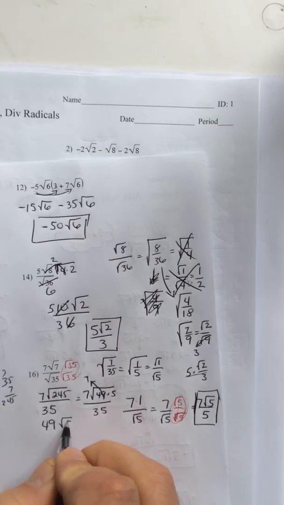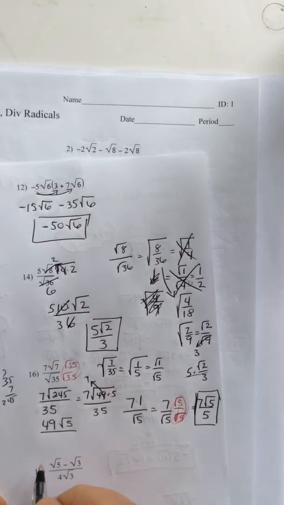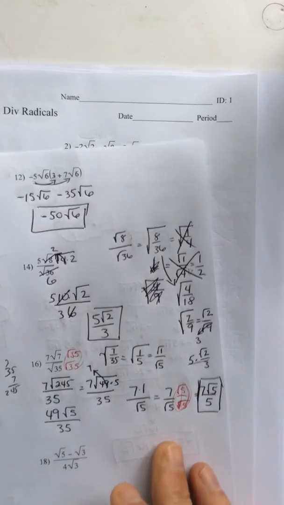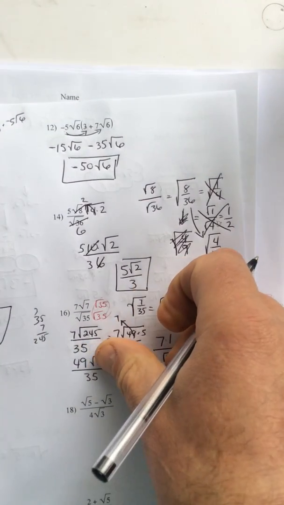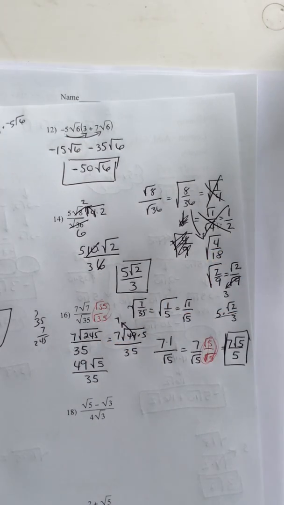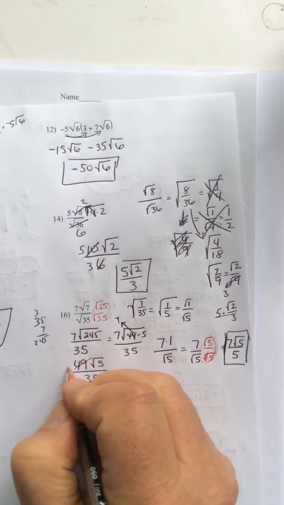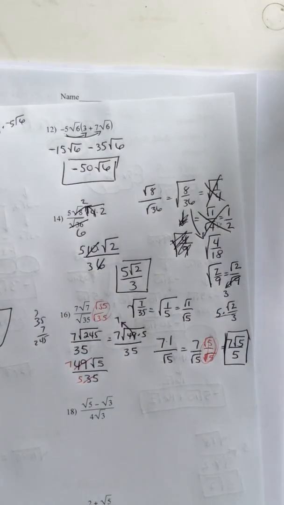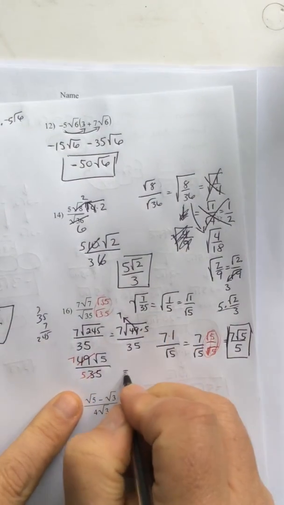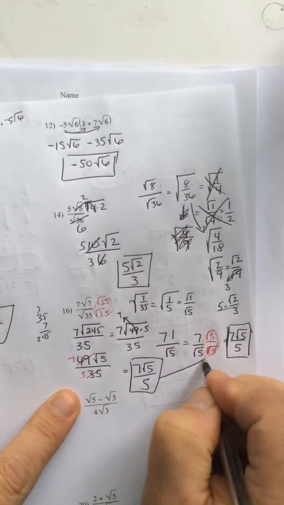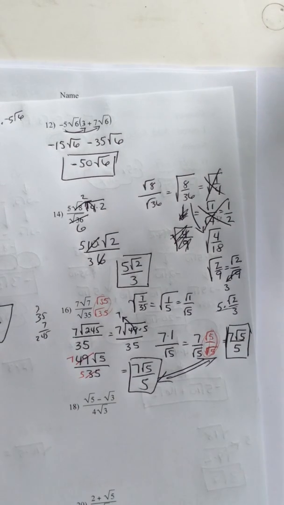We have a square root of 5 left, and the bottom is a 35. If that was my number, I could reduce both of those by 7. If I divide both of those by 7, dividing that by 7 gives us 7, and dividing that by 7 gives us 5. And what we have on the top now is 7 square roots of 5 over 5, which is the same thing we got going that way.